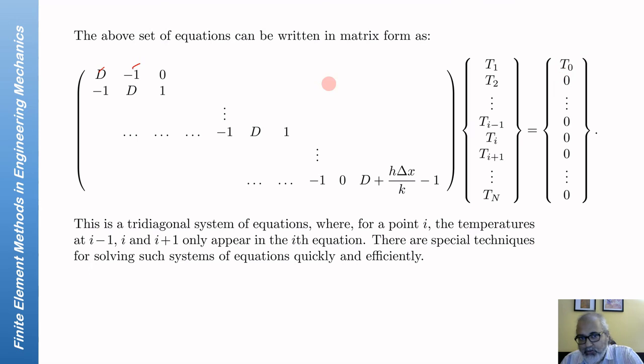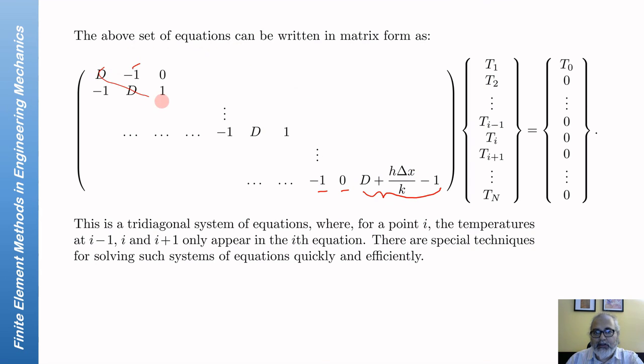I think it's given as 0 in this problem. For the last equation, this is for tn minus 2, tn minus 1 does not have an entry, and then this is for tn. So this is called a tridiagonal system of equations.